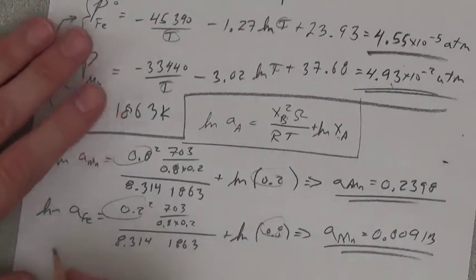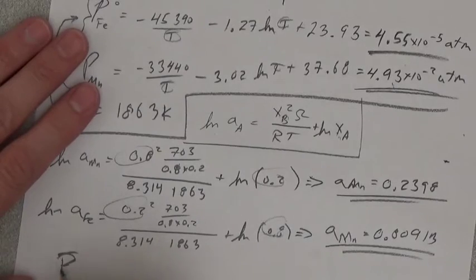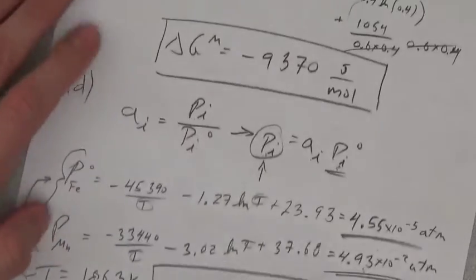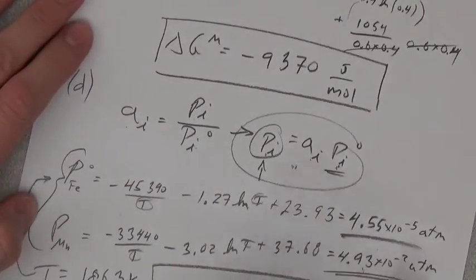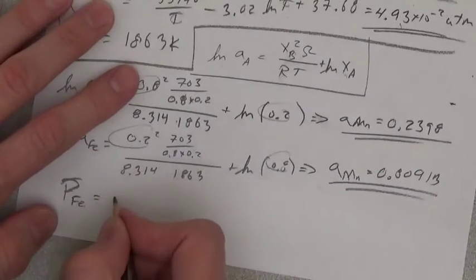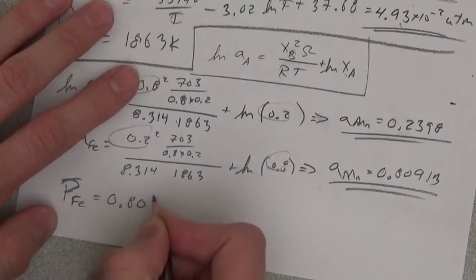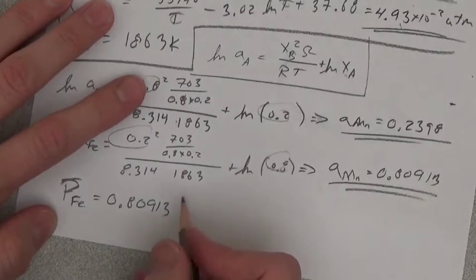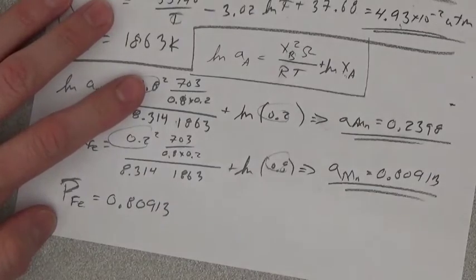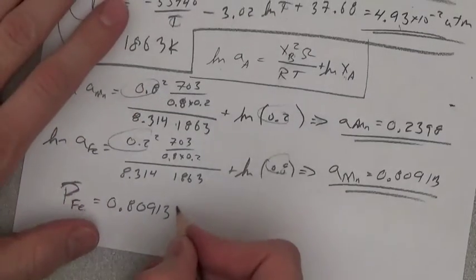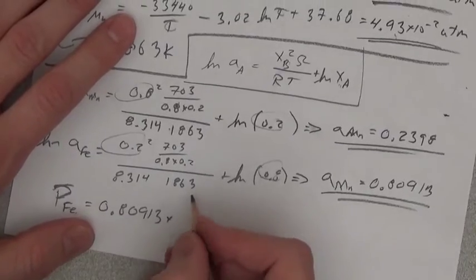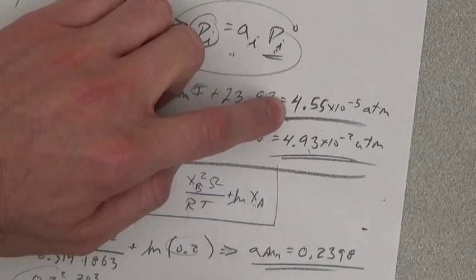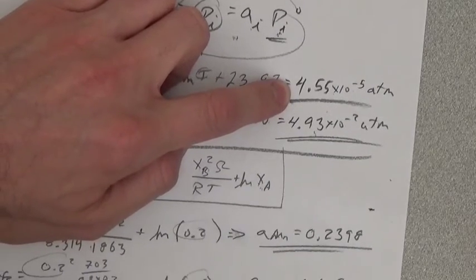Which means now that the partial pressure of iron is equal to the activity of iron, 0.80913, times the pressure of iron above pure iron at 1863, which is up here, 4.55 times 10 to the minus 5.